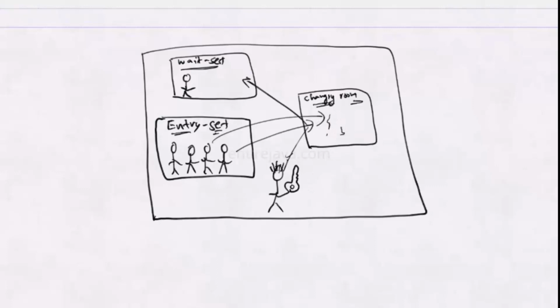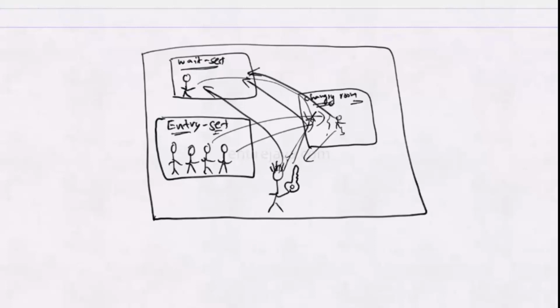But before finishing, it's the responsibility of this person who's using the changing room to notify the person in the wait set that he's done using. Once he does so, this guy is again going to hand the lock back to the monitor, and the monitor will call the person in the wait set again to continue with his activity in the changing room by handing the lock to him, of course.